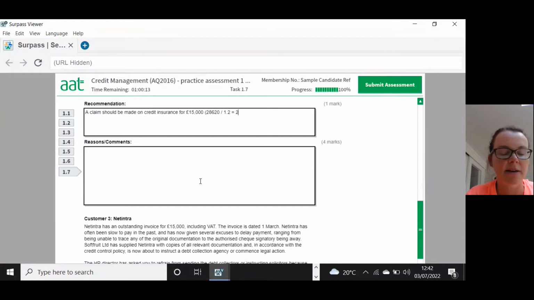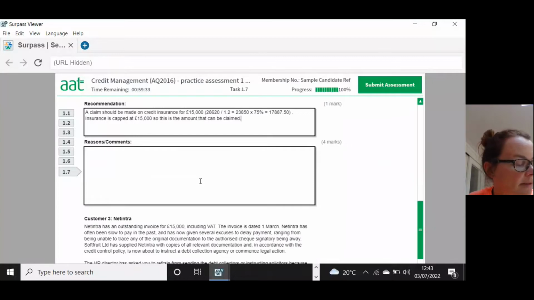That was the total figure, so the net figure is 23,850, times 75% was the insurance, which is 17,887.50. Insurance is capped at 15,000, so this is the amount that can be claimed. Now, their suggested answer sort of looks like that would be 2 marks, but I would probably do that just to be on the safe side.